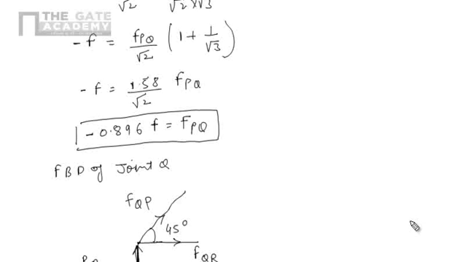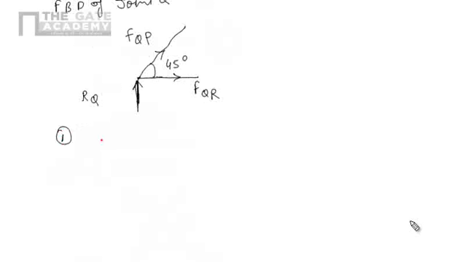So directly, if we apply the equilibrium condition in the horizontal direction, we can easily find the value of FQR. On applying the condition that the algebraic summation of all horizontal forces should be 0: in the horizontal direction we have FQR in positive direction. Similarly, the component of FQP, that is FQP cos 45 degrees, is again in the horizontal, positive direction, and the summation will be 0.